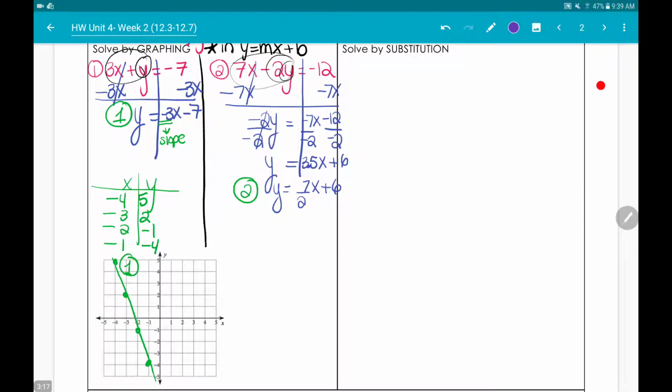Equation 2, same thing. I plugged it in my calculator and figured out some points that match. On my calculator, I saw that negative 4 was negative 8. That one's too big for my graph.